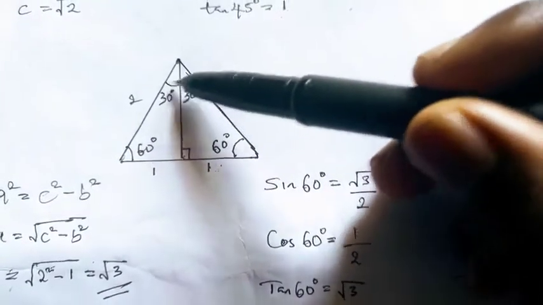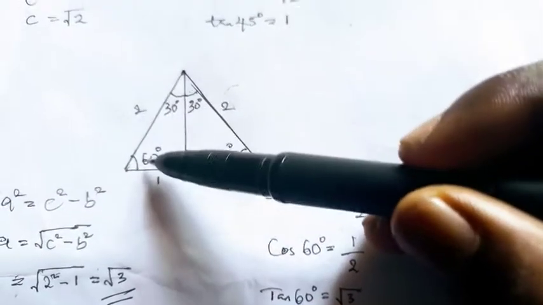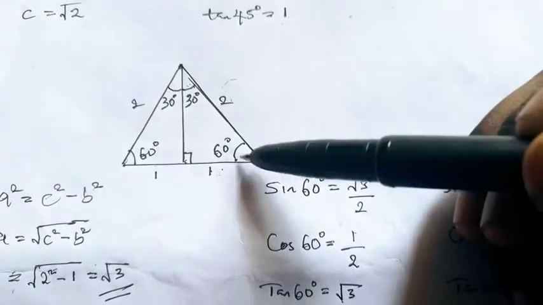And also this angle has been divided into 2 equal halves. Now, how do I know that this is 60, 30, 30, and 60?